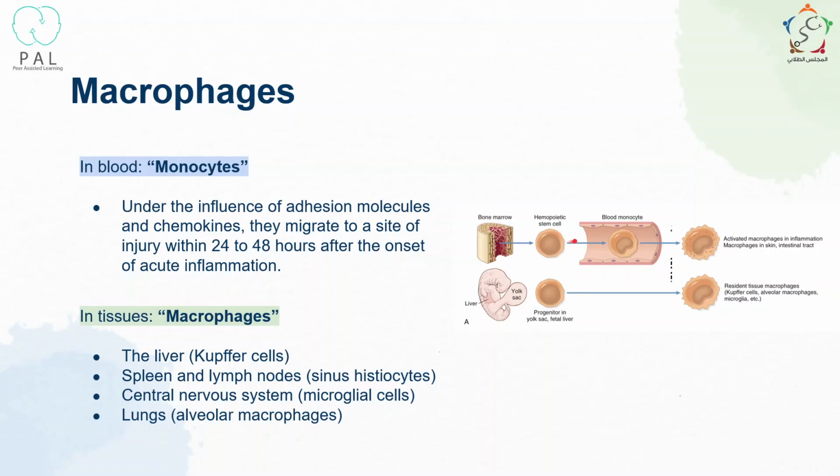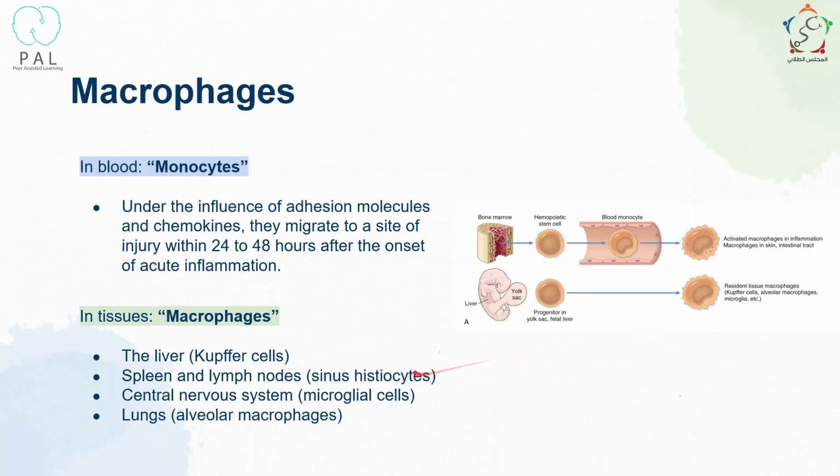They evolve and become blood monocytes that circulate the body. However, as soon as they leave the systemic circulation and are found in the connective tissue and the extracellular matrix, they become activated macrophages. Now, the activated macrophages are bigger and they have a longer lifespan, and this is what differentiates them from monocytes.